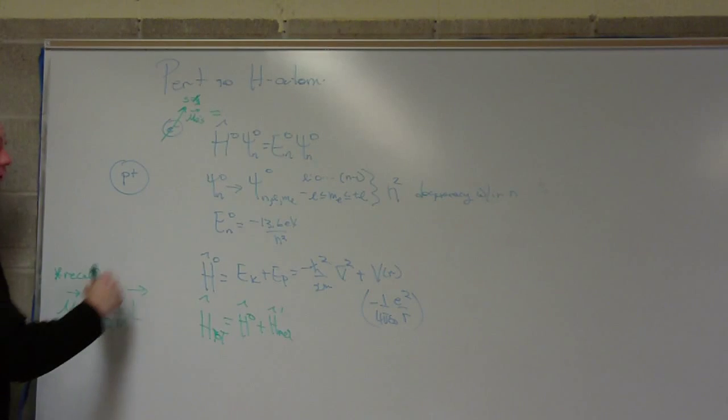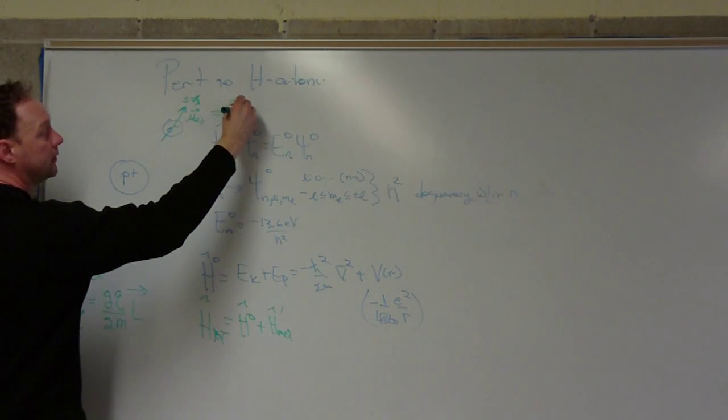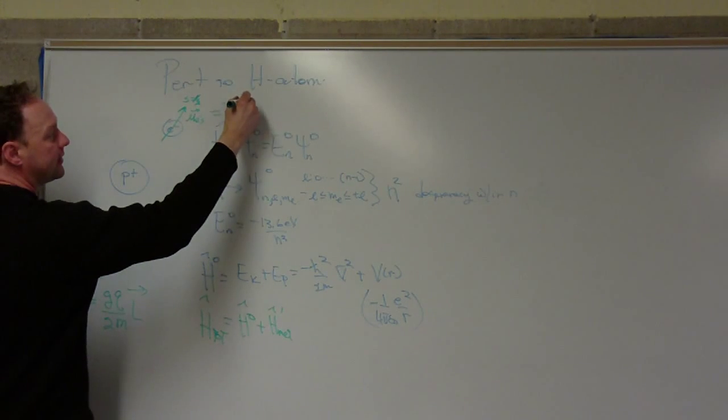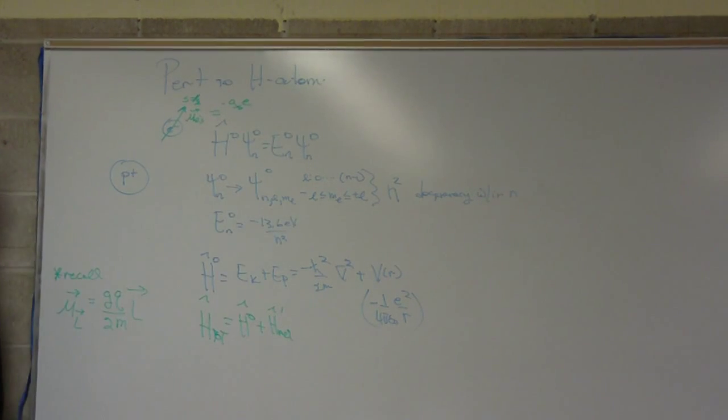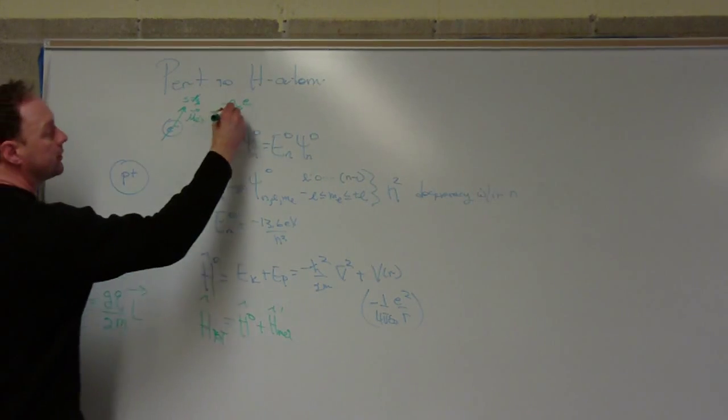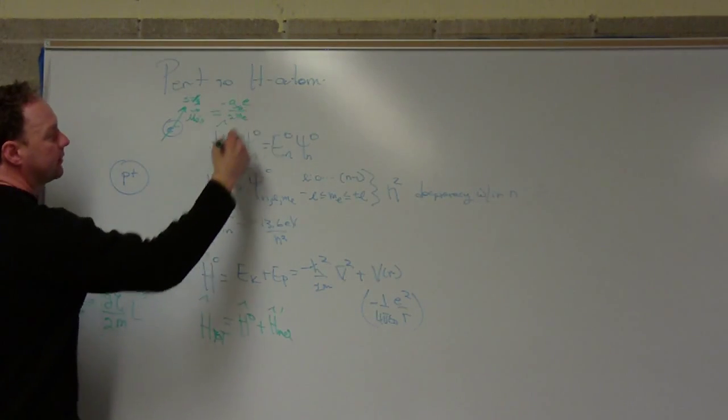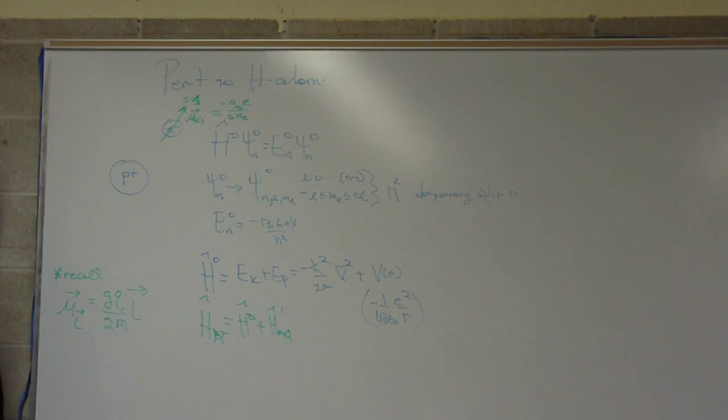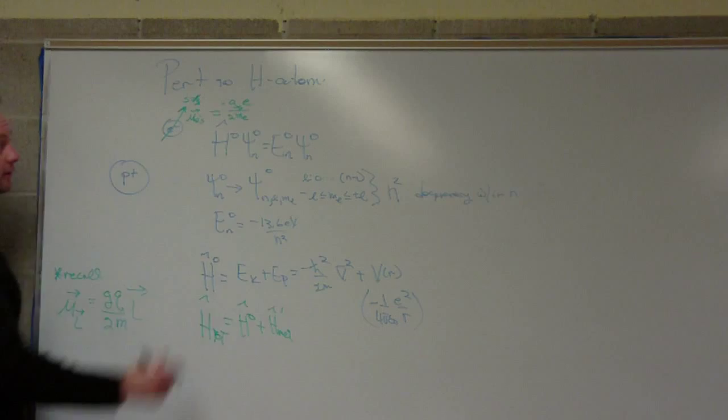It equals g spin, then it's going to be minus because the charge is minus e, over 2 times the mass of the electron, and then times what vector? What's the angular momentum vector that's making this magnetic dipole? That's the spin.